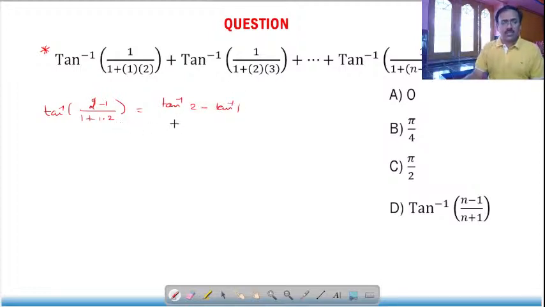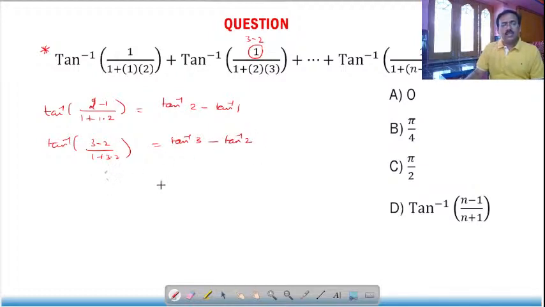Denominator is also positive. The second one, you write this 1 as 3 minus 2. This becomes tan inverse of 3 minus 2 by 1 plus 3 into 2, which gives tan inverse 3 minus tan inverse 2. In the same way, the last term will be tan inverse n minus tan inverse n minus 1.